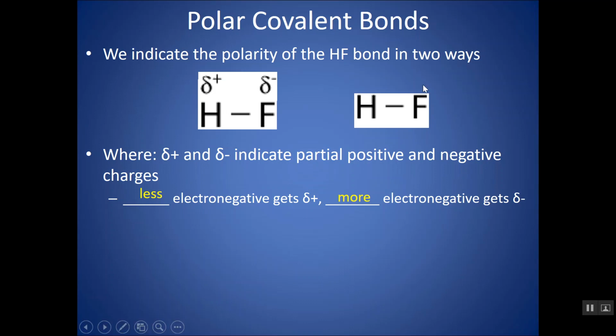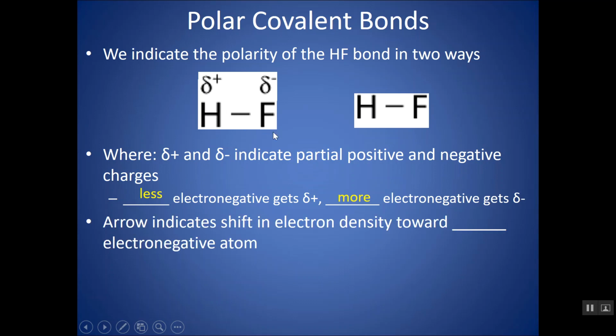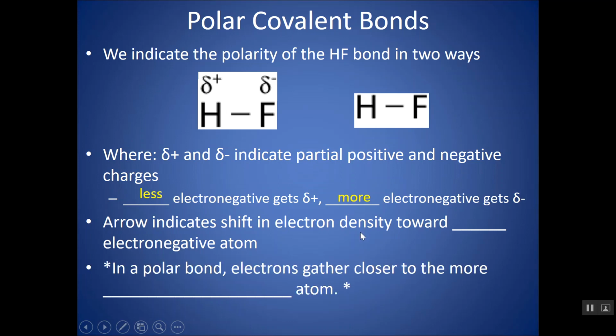So in this situation, I could put a partial negative above fluorine and a partial positive above hydrogen to show that fluorine's more electronegative. It would gather electrons closer to itself. Electrons would shift toward it. You can also do it with an arrow pointing in the direction that electrons would be moving, showing electrons shifting toward the more electronegative element.